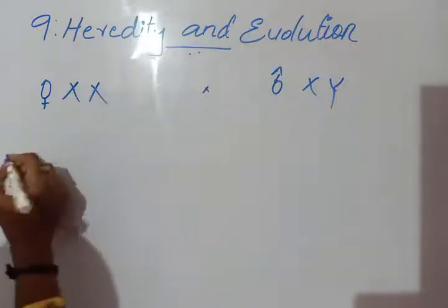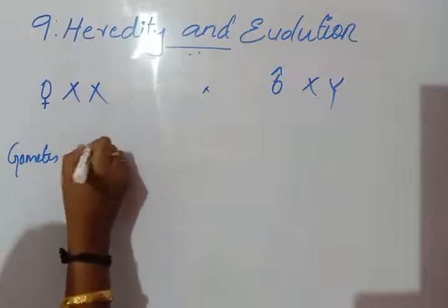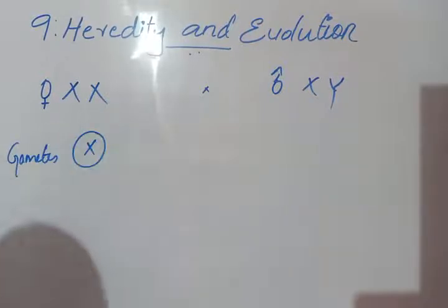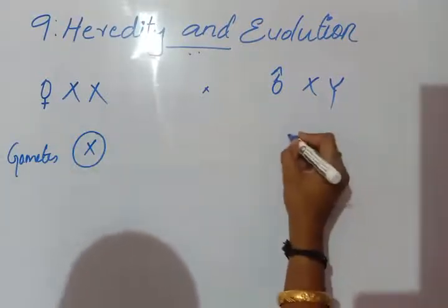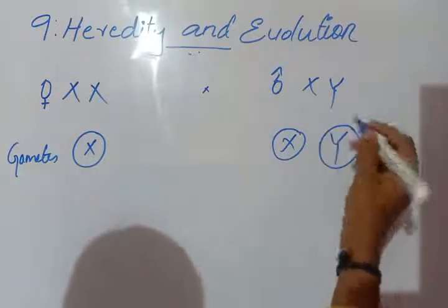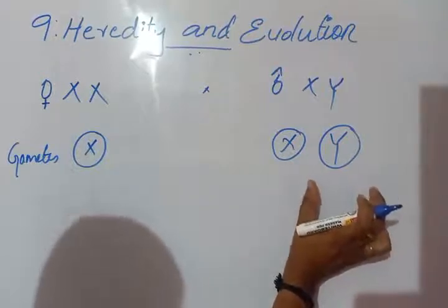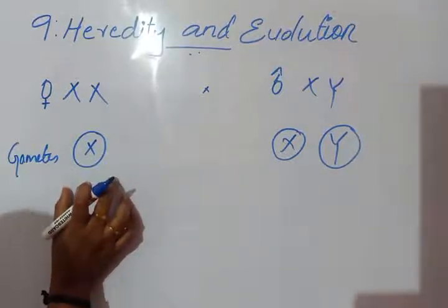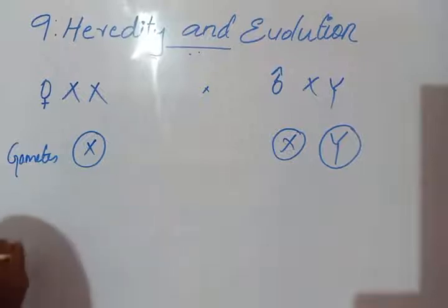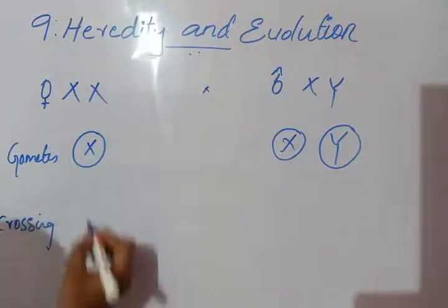What happens? Mother produces gametes, and each gamete contains one X chromosome. Here also, one X chromosome and one Y chromosome. So half of the sperm will have an X chromosome, half of the sperm will have a Y chromosome. All the ovum will have an X chromosome. Then crossing may take place.